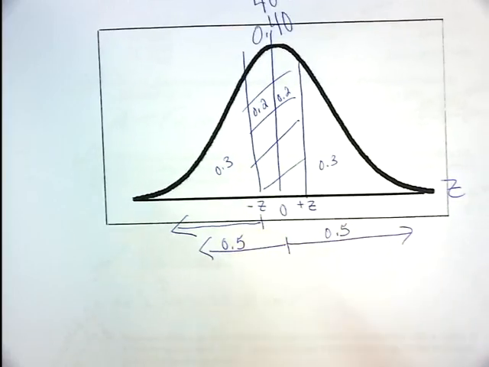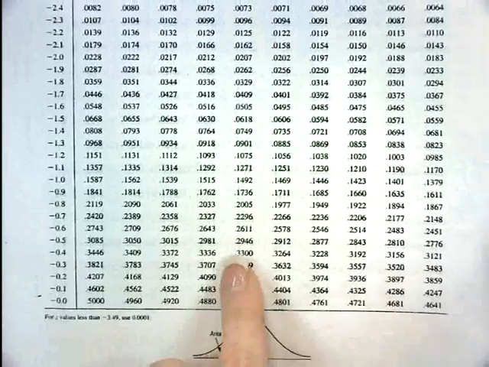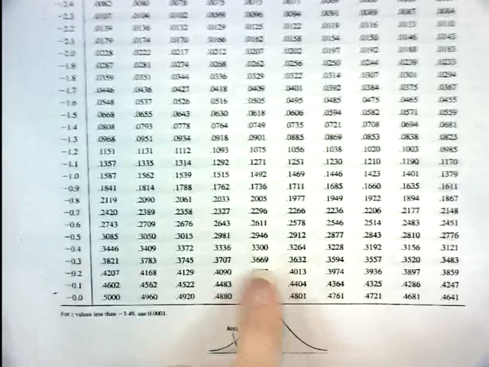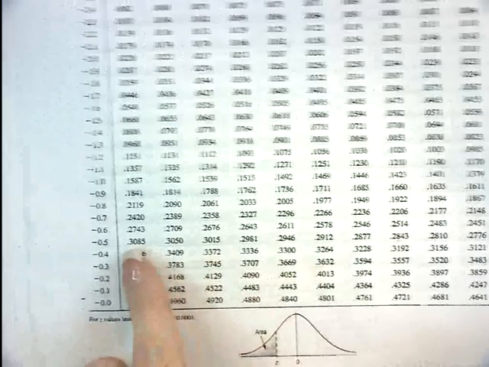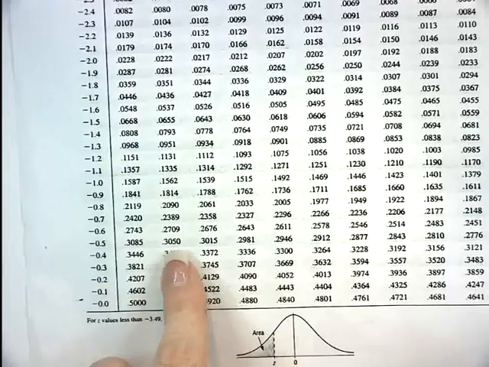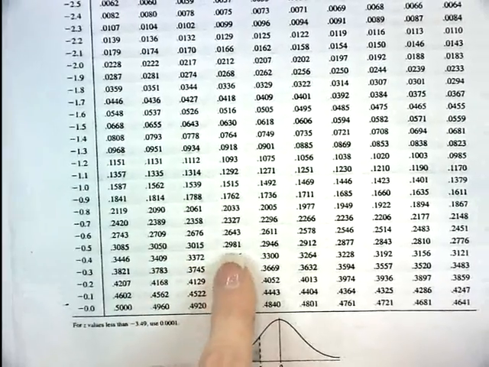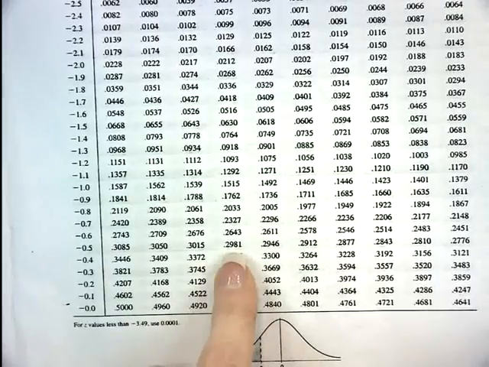I'm going to look up the negative z by going in and finding a 30% area. And the closest to 30% area looks like it is, let me see here, 0.2981 may be the closest.